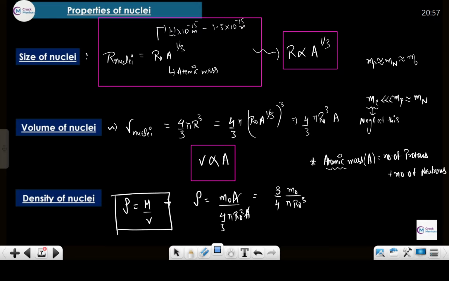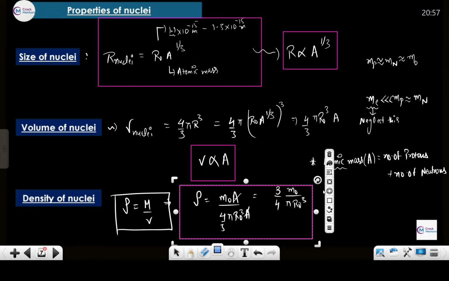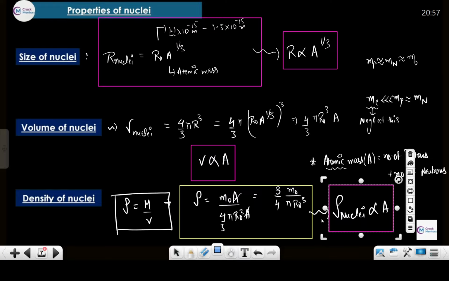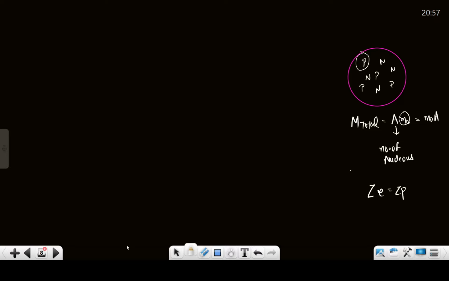And if this is the density, then what is an important thing to be noticed? That the density of nuclei does not depend on atomic mass. This is an important thing that should be kept in mind. So basically, let me take something.